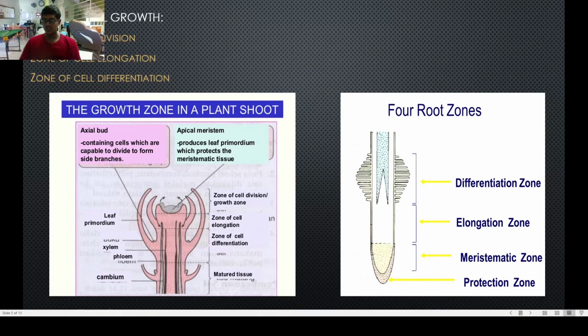For the roots, it starts from the bottom to top. The first is the zone of cell division, the second is the zone of cell elongation, and the third is the zone of cell differentiation. For the root it is just the same, while the naming is just different. The first, which is at the bottom, is the meristematic zone. The second is the elongation zone. The third is the differentiation zone.